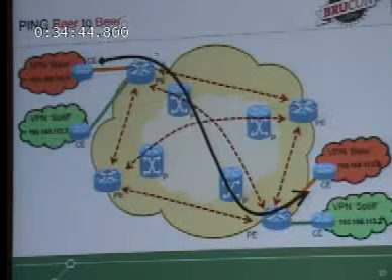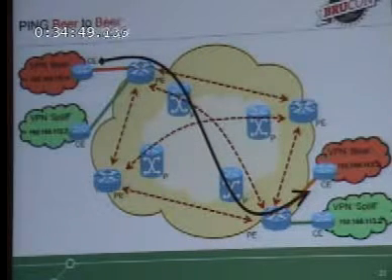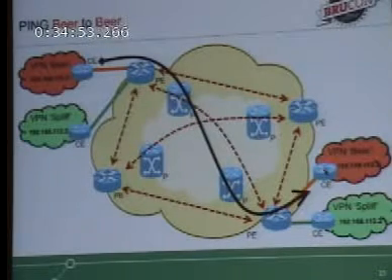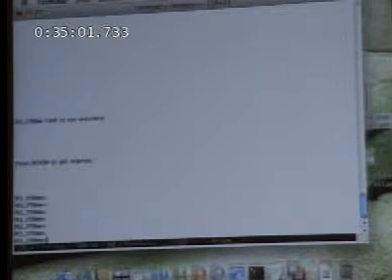So I'm connected to this PE via serial, and my notebook is this CE. So this here is my IP address. So this is actually the PE router.